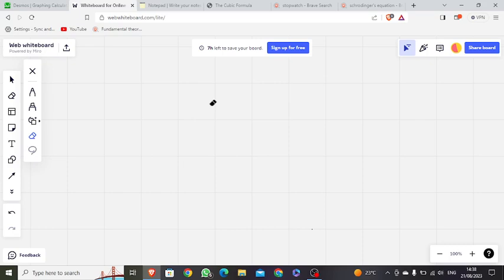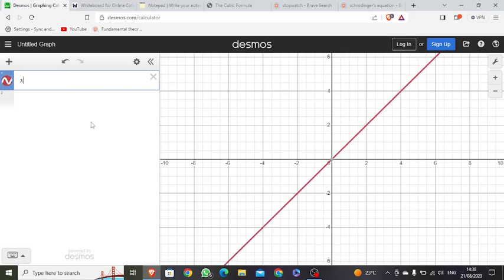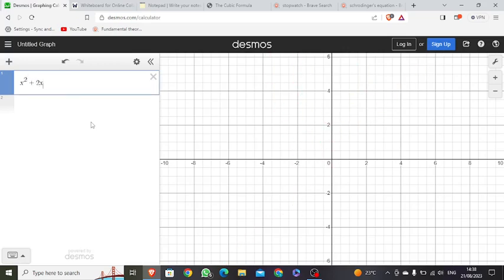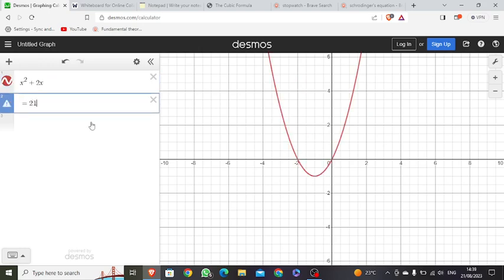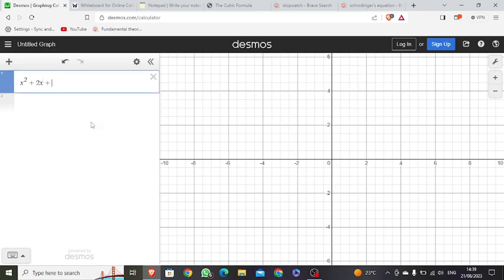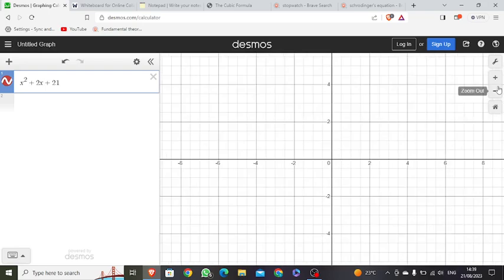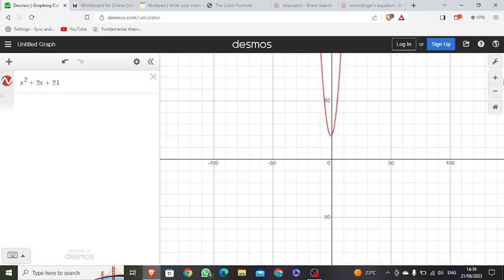There'll be two solutions, but there's no real solution. Like, see, x squared plus 2x plus... what? What's going on? Right, it's not even showing because 21's pretty high up. Oh no, well, it used to be.